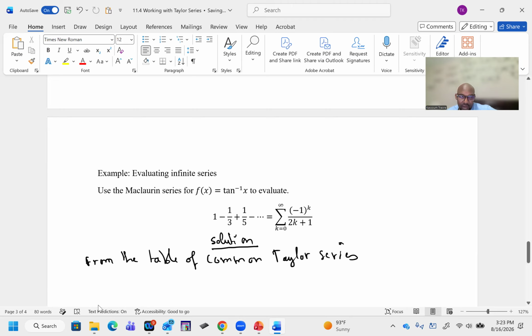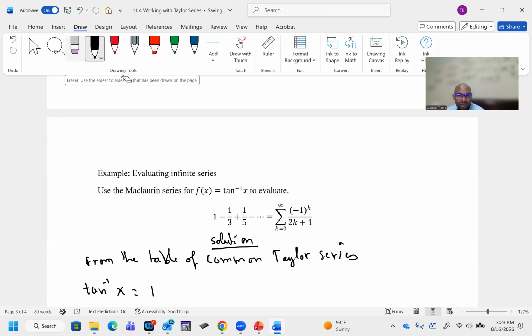We have tangent inverse of x is, sorry, tangent inverse of x is x, not 1. x, right?